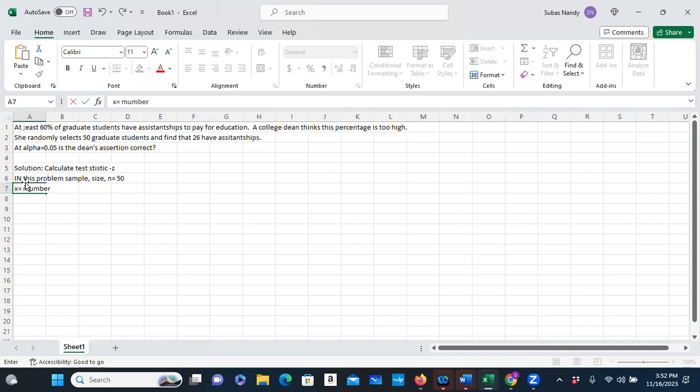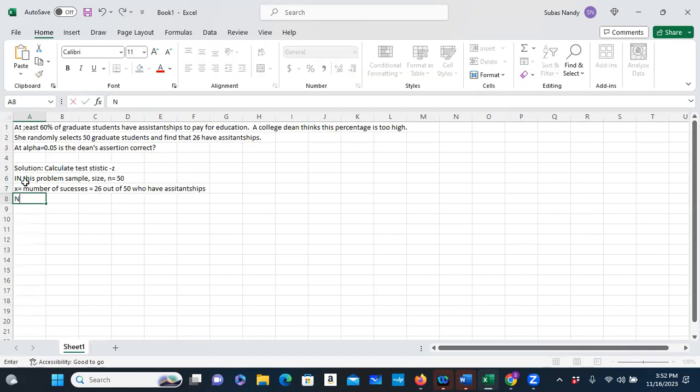Number of successes is equal to 26 out of 50 who have assistantships.